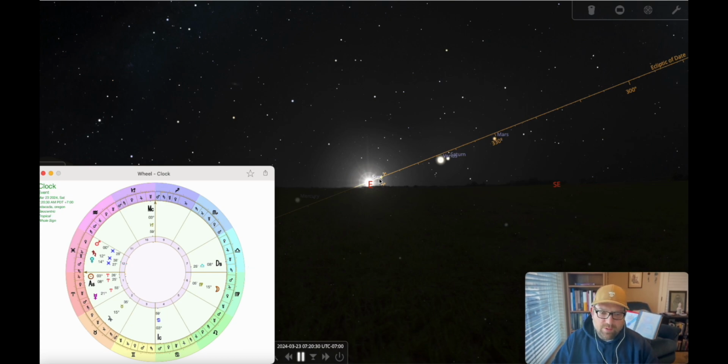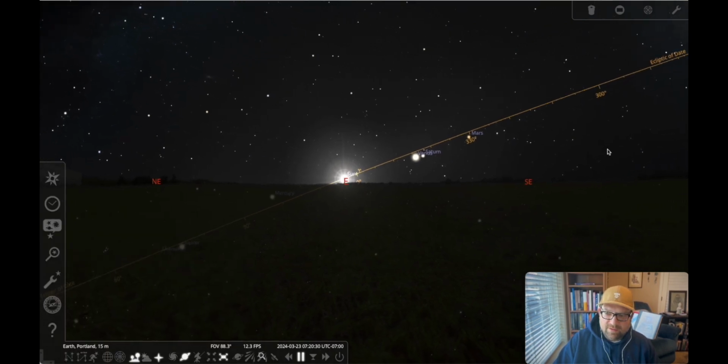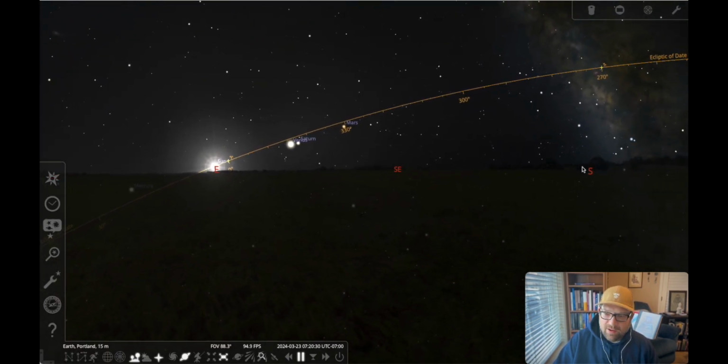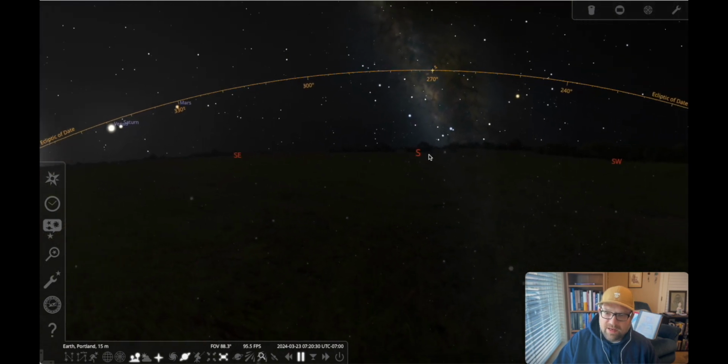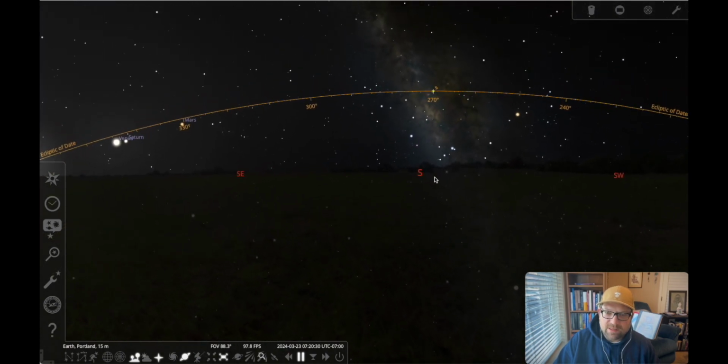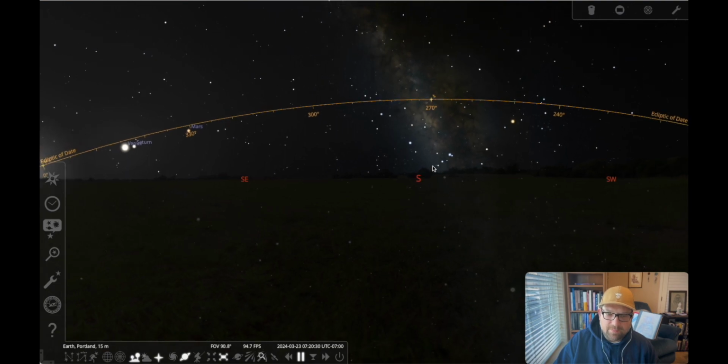And so that matches what we're seeing here. And so remember, the top of the chart is south. And so why that is, if we turn to face south, then we can see that the ecliptic becomes visible.